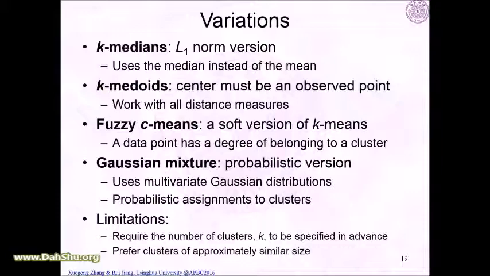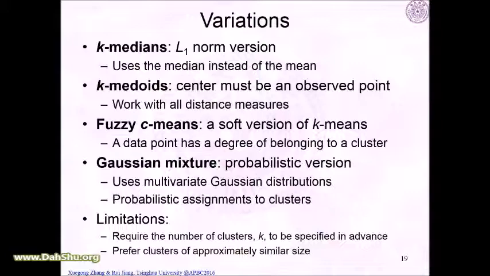What we get is not a hard clustering, but rather a probability of a sample belonging to some classes. This is what fuzzy c-means does. And all these k-means or c-means methods try to use a single point to represent a class.